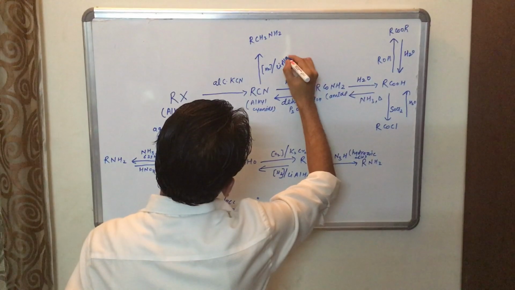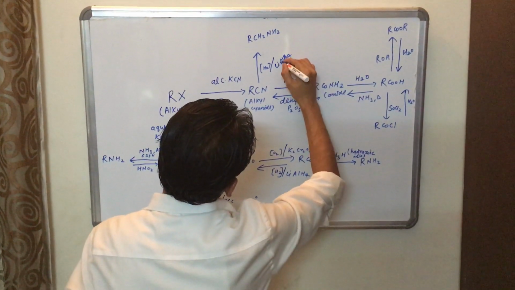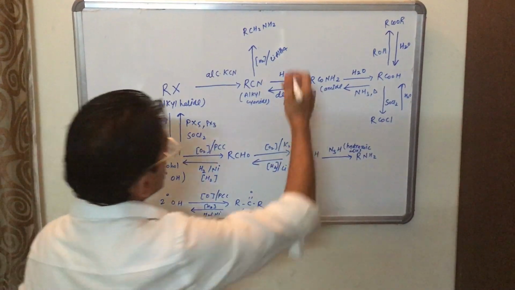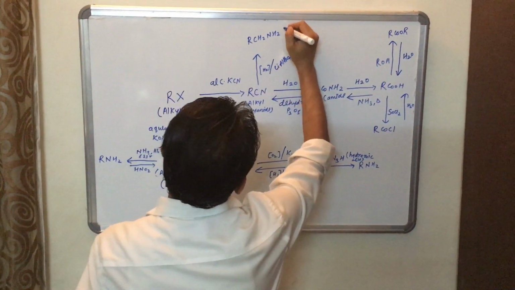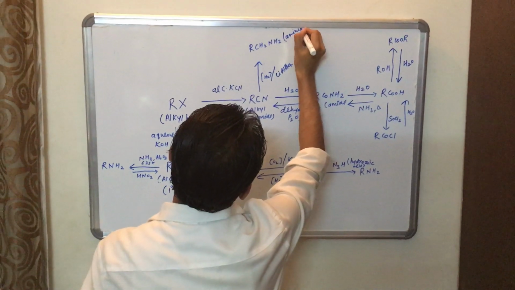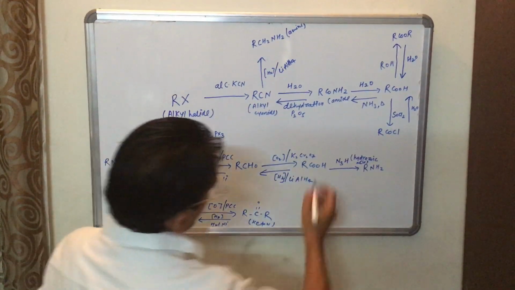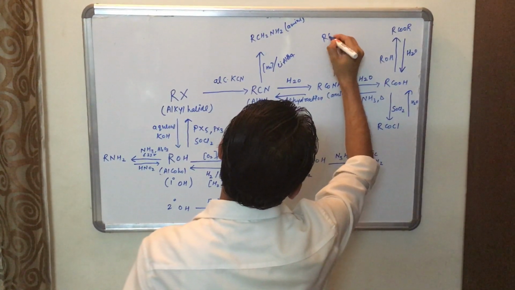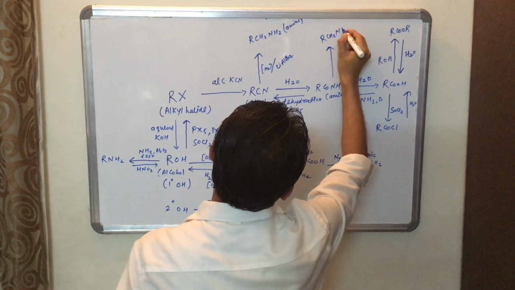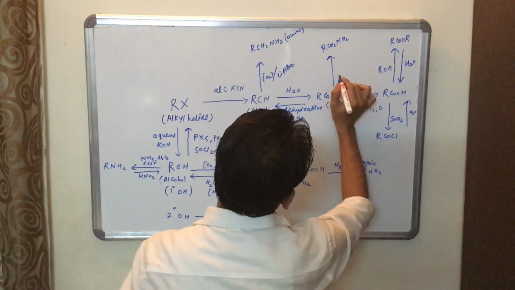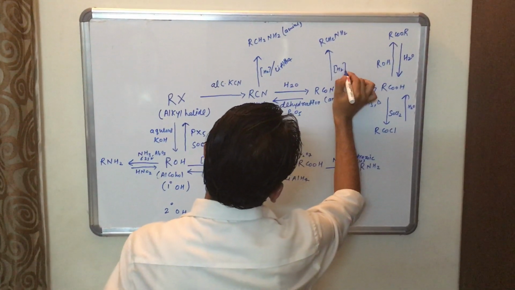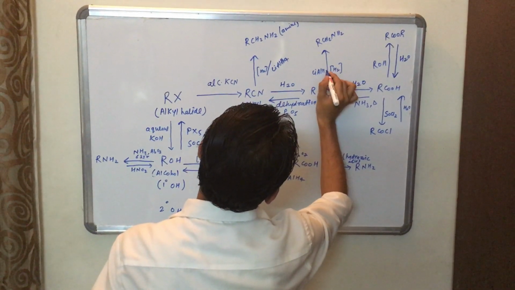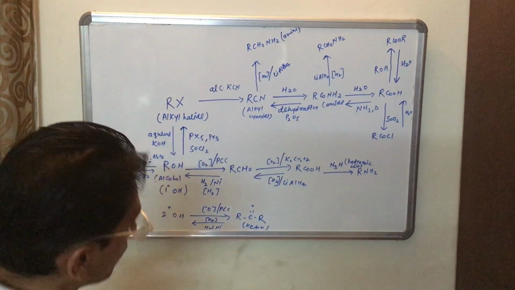This is a very common reducing agent for performing reduction. So from alkyl cyanide you will get amine by reduction. I have amide, and from amide if I want to obtain amine, then again I have to do reduction, and the reducing agent is the same, lithium aluminum hydride. No problem? Okay.